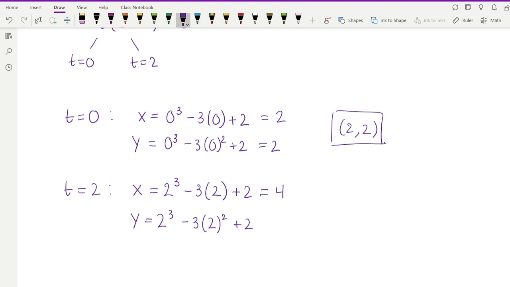So that's going to be 4. And then for the second one, we have 8 minus 12 plus 2. And so that's negative 2. And so that gives us the point (4, -2). So these are the 2 points where the function has a horizontal tangent line.